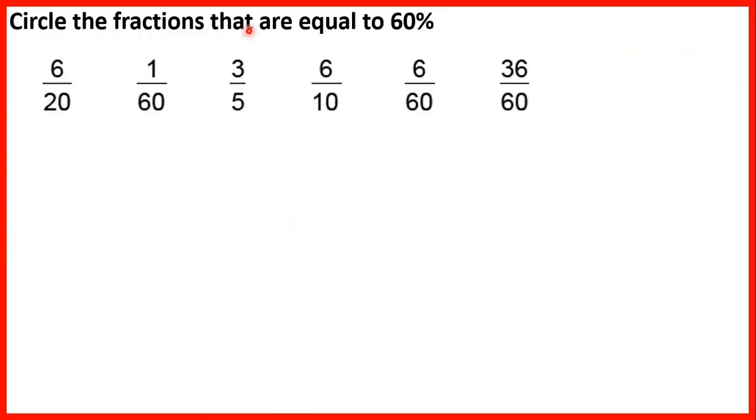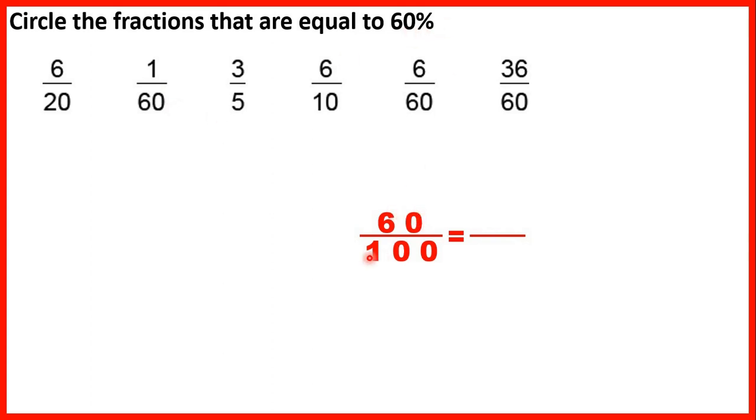Circle the fractions that are equal to 60%. So a percentage is a fraction with a denominator of 100. Now none of the fractions we're given have a denominator of 100, but remember, we can find equivalent fractions, and if the fraction is equivalent to 60 hundredths, then it will be equal to 60%.